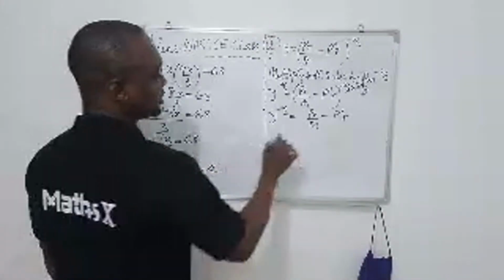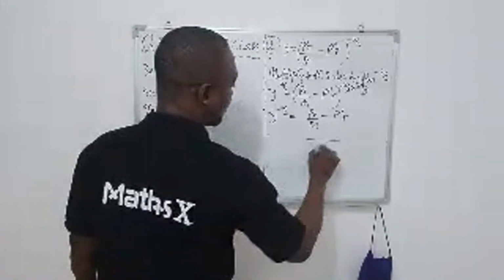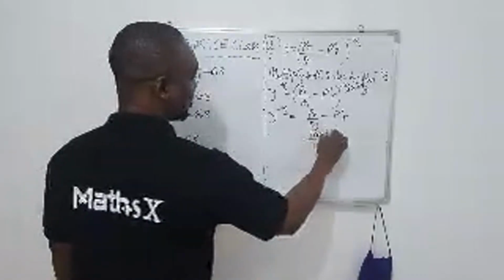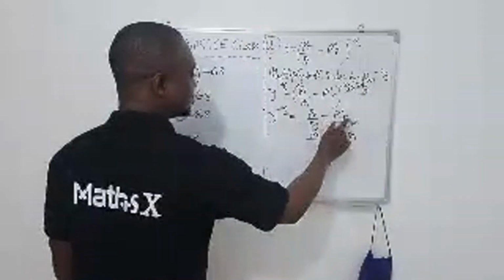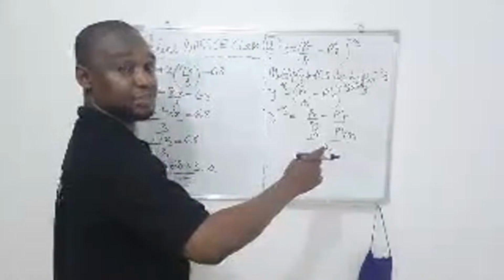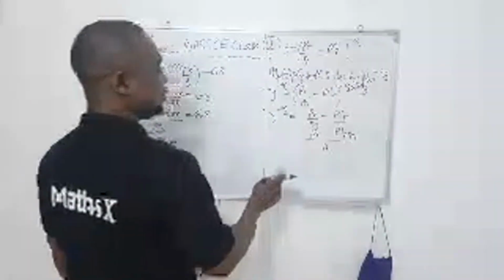To do that again, let us make M our LCM. So that this will be PR minus P square R M, because there's a 1 here, so that 1 into M is M times this, times P square R is P square RM. So we have PR.